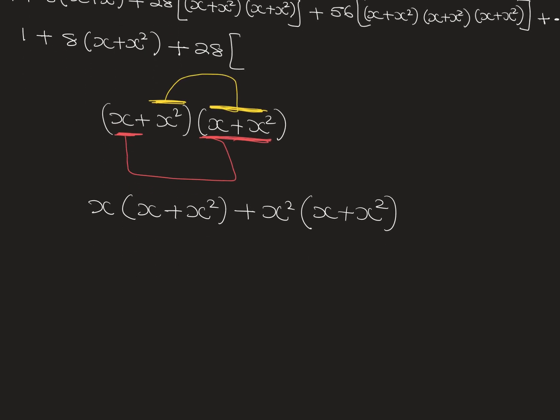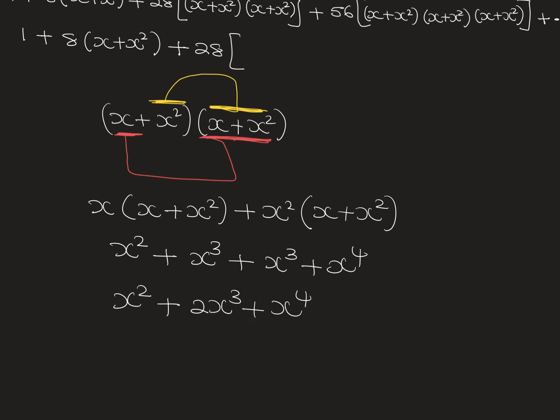So x times x is x squared, plus x times x to the power 2 is x to the power 3, plus x squared times x is x to the power 3, plus x squared times x squared is x to the power 4. If we further simplify this, we'll have x squared plus 2x to the power 3 plus x to the power 4.